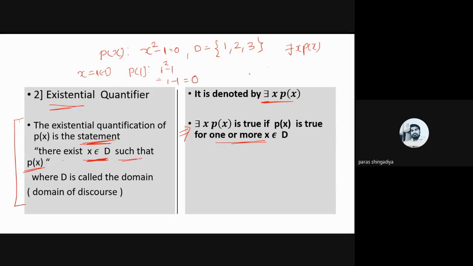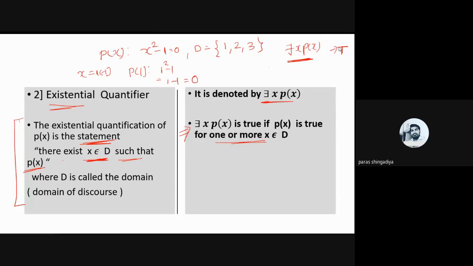So we get one value from the domain where P of x becomes true. P of 1 is true, so we can say that there exists x P of x is true, for one or more values. If it is true for a single value of the domain, then there exists x P of x is true.